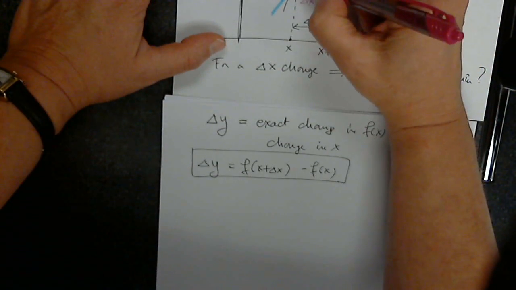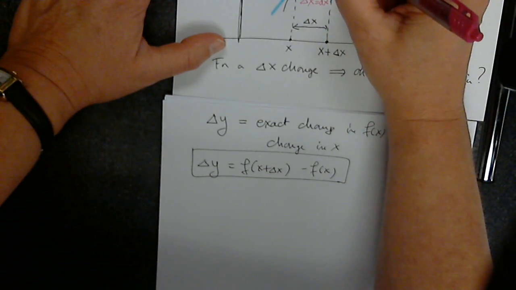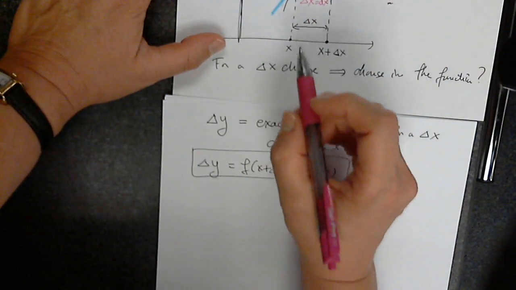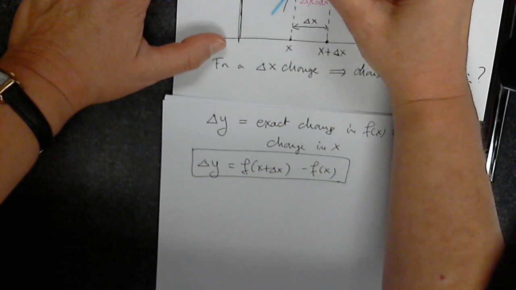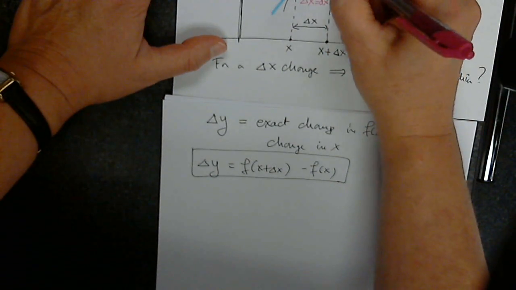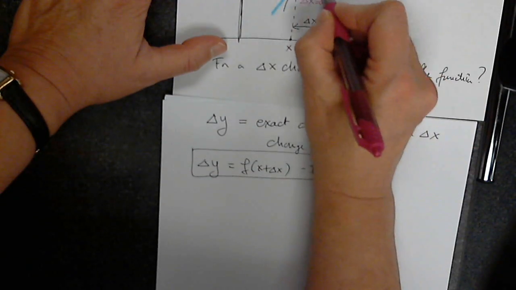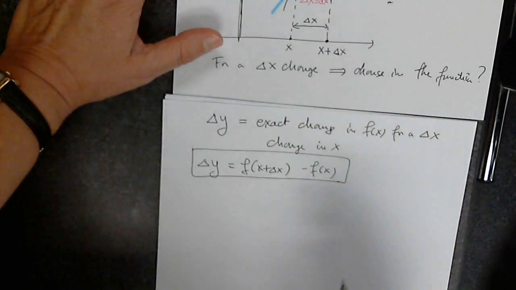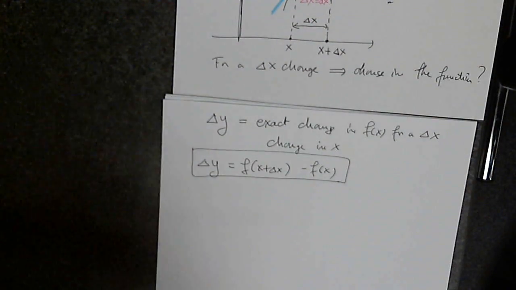So now I know that the slope of this line is, for this point, what? Indeed, f prime of x, right? But the slope of this line is also rise over run. So I have two ways of expressing the slope of this line.